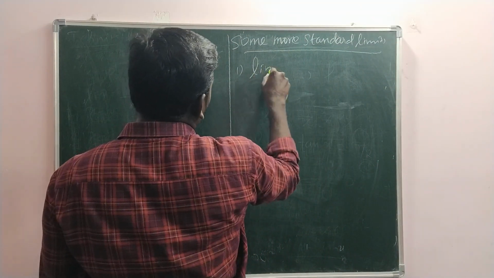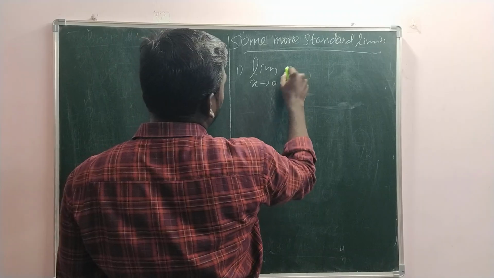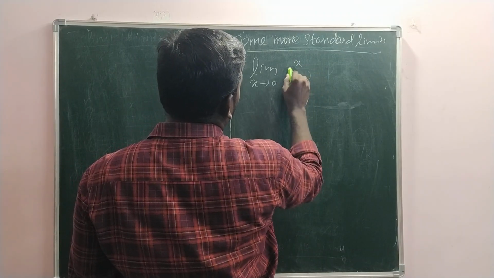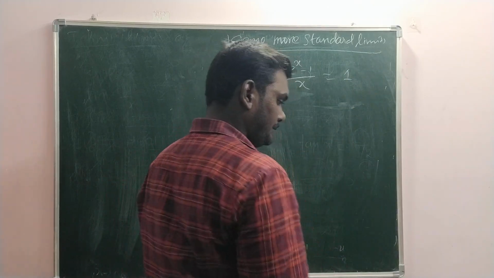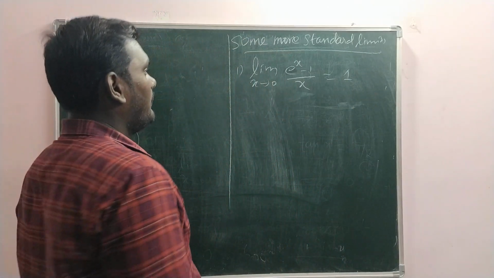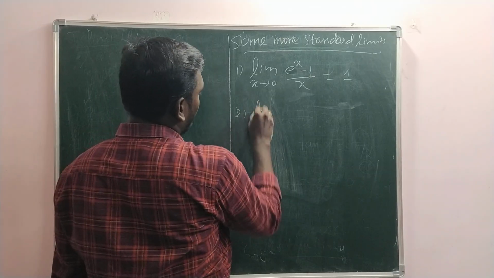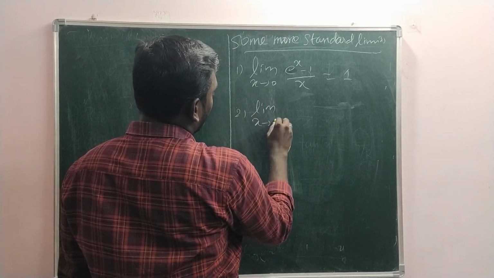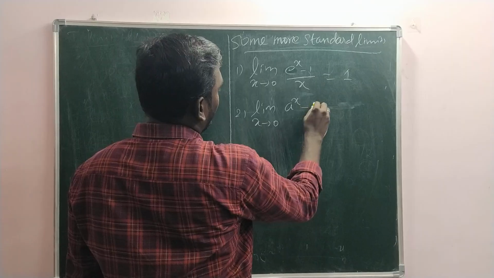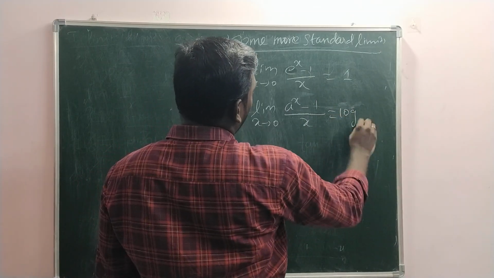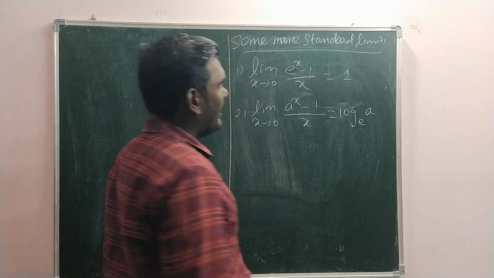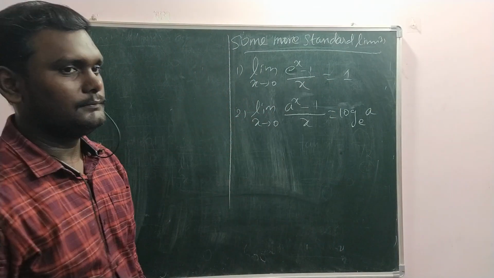See the first one, limit x tends to 0, e power x minus 1 by x, that is equal to 1. In the same way, limit x tends to 0, a power x minus 1 by x is equal to log to the base e a. Both are the same result only.